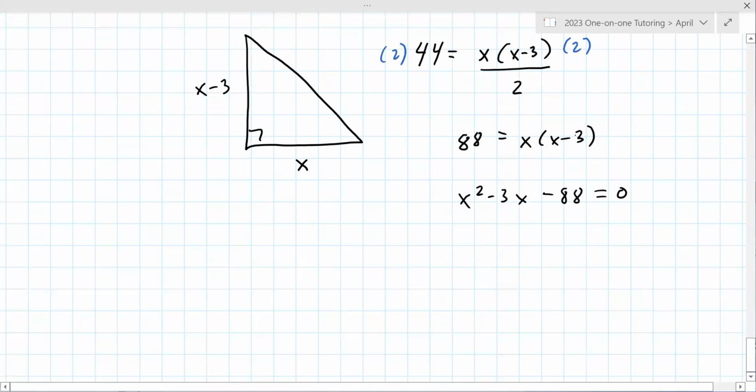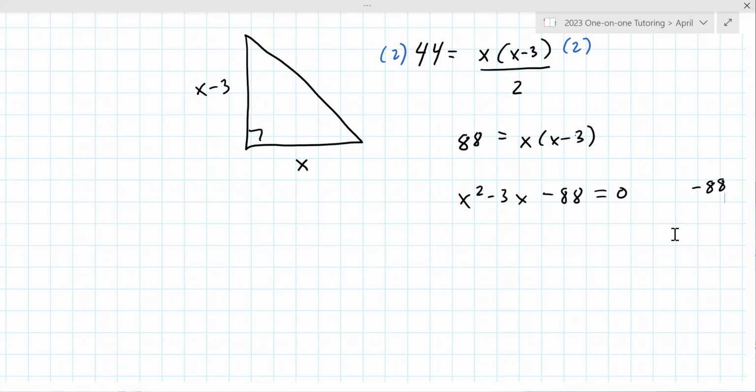This is another one of those, you got to find two numbers that multiply to minus 88 but add up to -3. So rather than starting at 1, 2, 3, it's okay to pick something in the middle. I'm not sure what to tell you here, but if you start at like 5, you probably have a better shot of getting it.